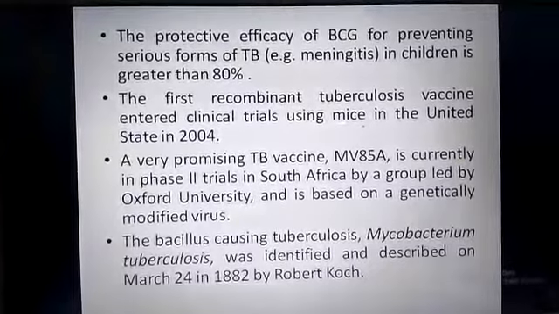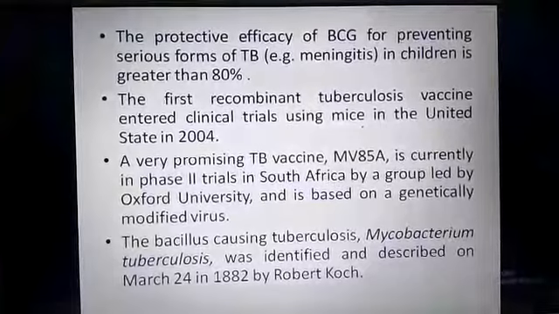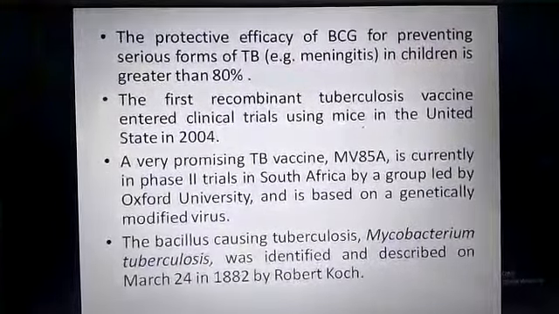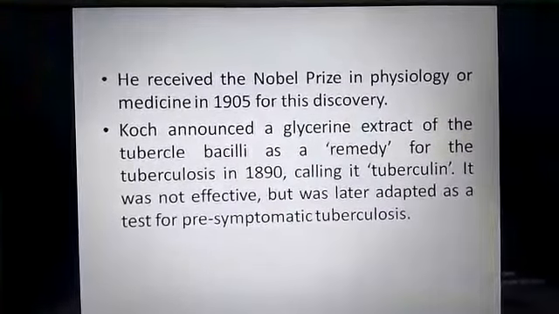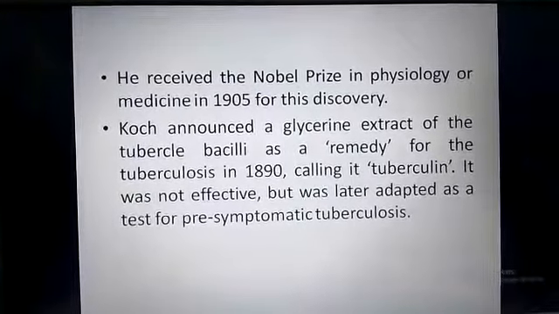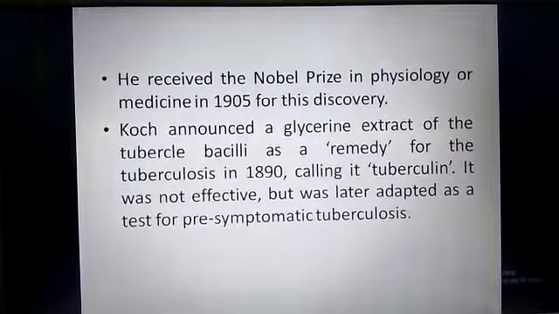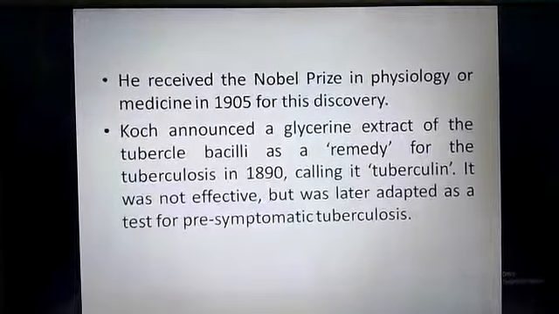Now, the bacillus causing tuberculosis, Mycobacterium tuberculosis, was first identified and described on March 24, 1882 by Robert Koch. For his discovery, he received the Nobel Prize in Physiology or Medicine in 1905. Koch announced a glycerin extract from tubercle bacilli as a remedy for tuberculosis in the year 1890, calling it tuberculin.